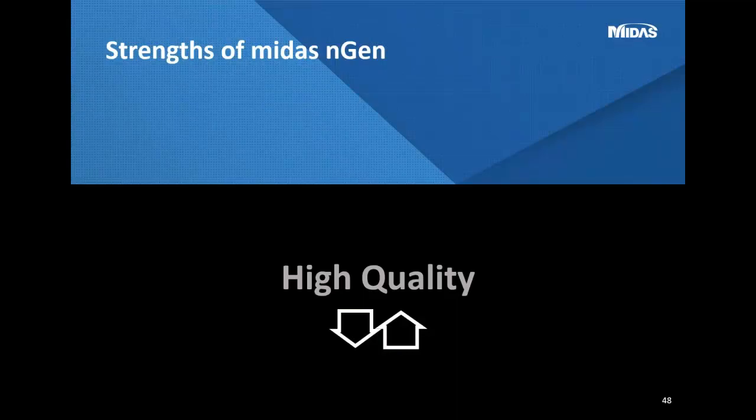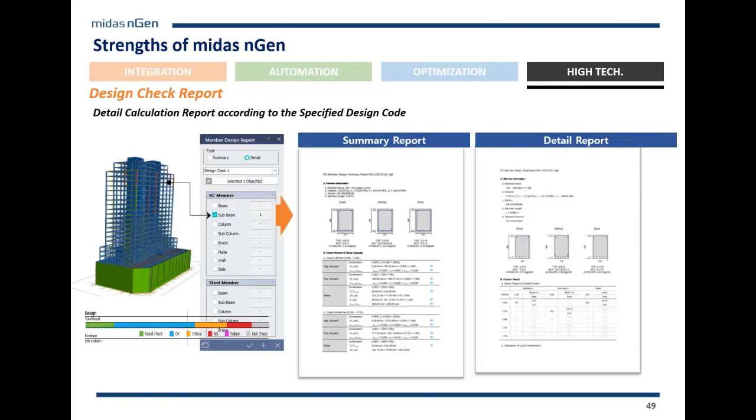And further, coming to the high quality of report generation by the program, like we can get the detailed report in this format, wherein each and every formulae of the code utilized will be given in a Word file format.